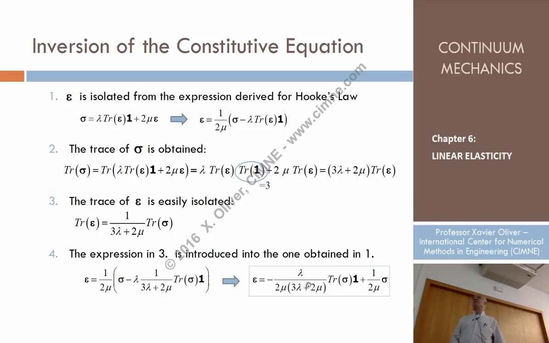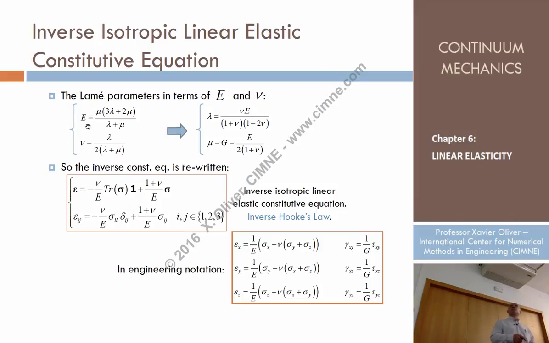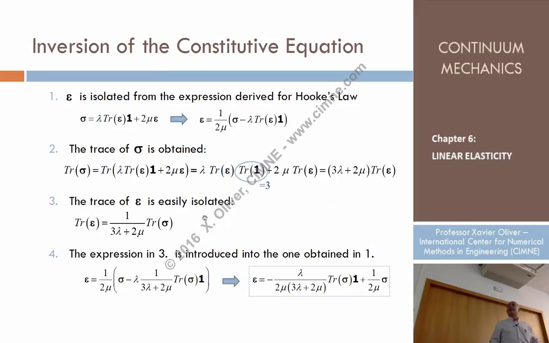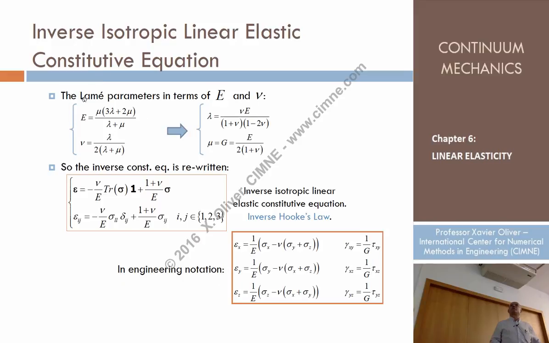So, well, let's do a change of variable, so to speak. Let's define two new coefficients, E and nu, in terms of the Lamé parameters lambda and mu, that make this equation simpler. Okay?